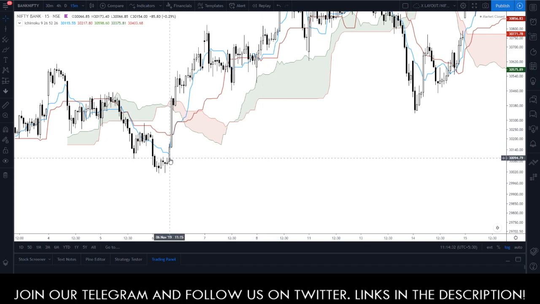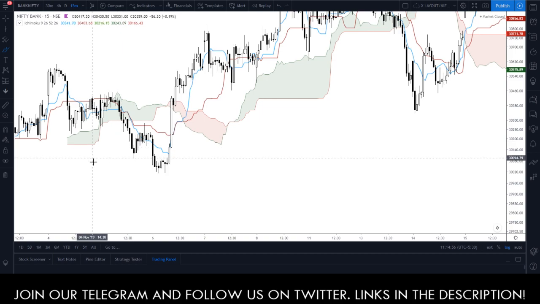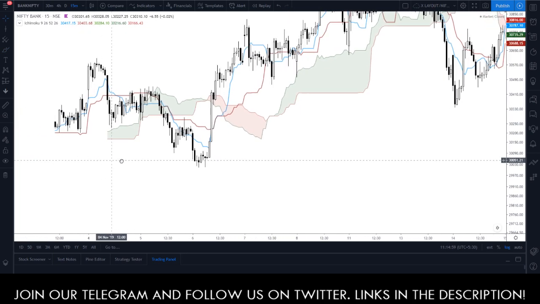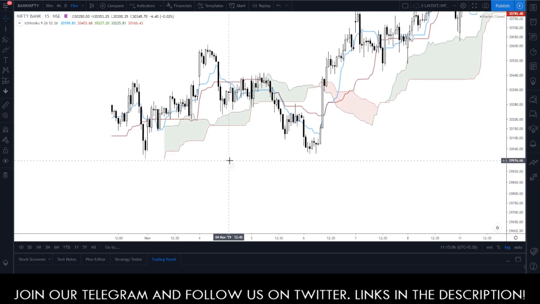Also, there might be a question from some people: what if we don't use the cloud and only use the lines, like this one crossing below? This might signal a downtrend, but it's not a confirmation. In order for your trade to happen, you need confirmations. That's why I'm telling you the two criteria to open a trade, because it will carry more confirmation rather than one.